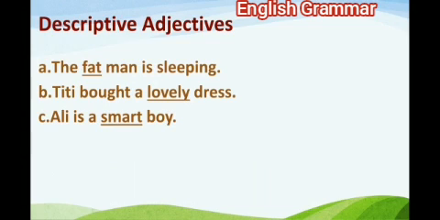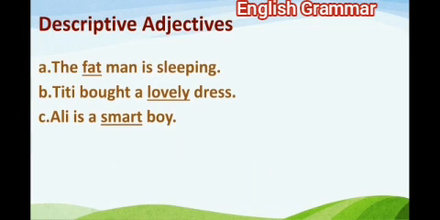Smart tells us more and describes the boy Ali. Okay? So descriptive adjectives qualify the noun and tell us the kind of animal, person, place, or thing that we are referring to.